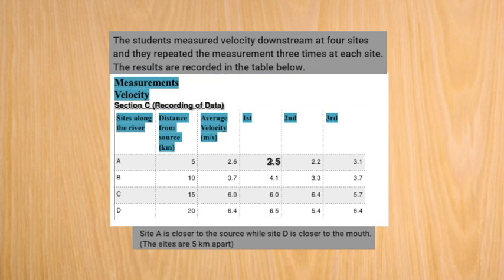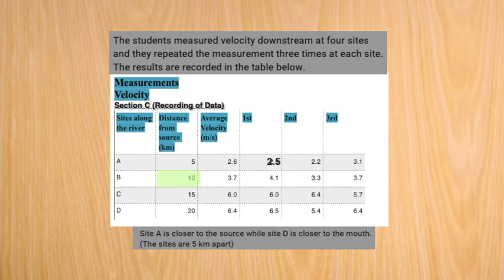Sites along the river: site A, B, C, D. Site A, the distance from the source is 5 kilometers. The first measurement was 2.5 meters per second. The second measurement was 2.2 meters per second. The third measurement was 3.1 meters per second.